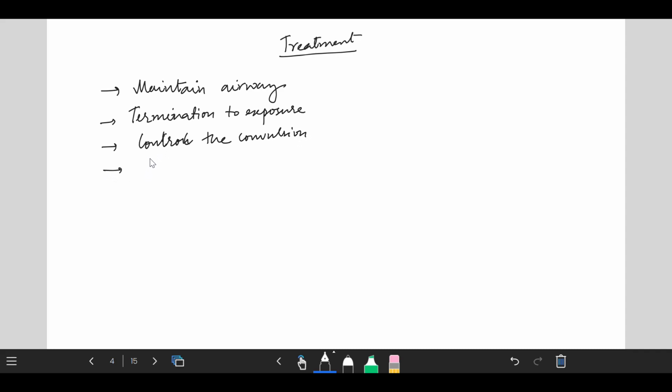And the last one is medications like atropine and cholinesterase reactivators or oximes, that is pralidoxime, also known as 2-PAM.